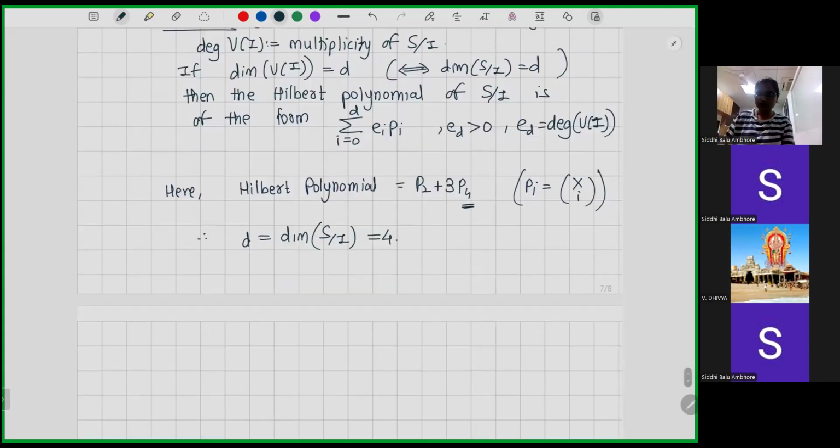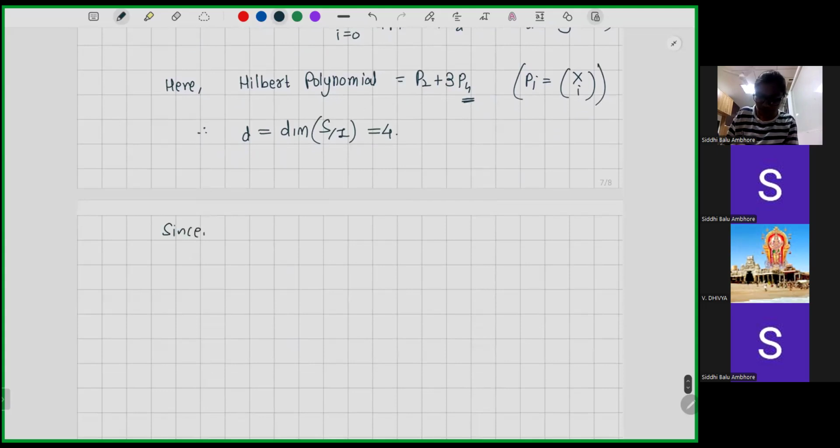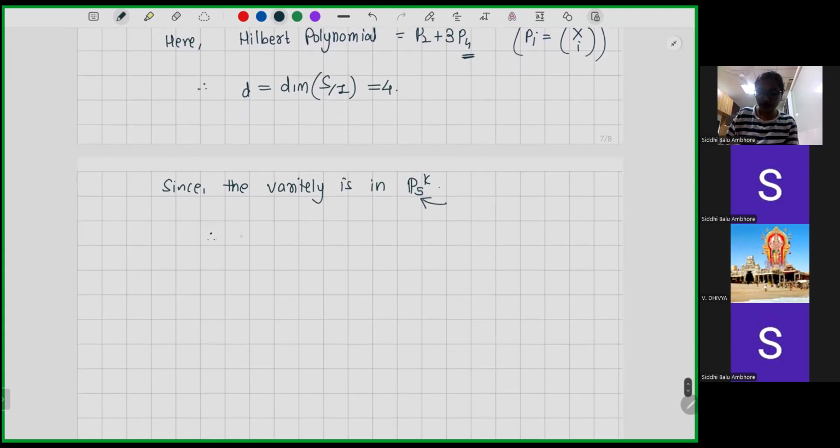And also, since the variety is in P^5_k, here we have 5.